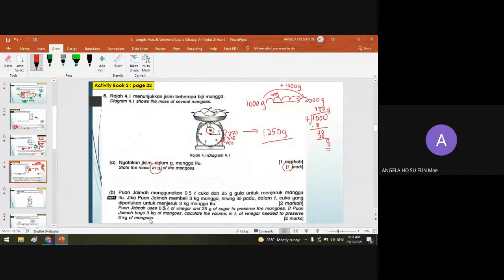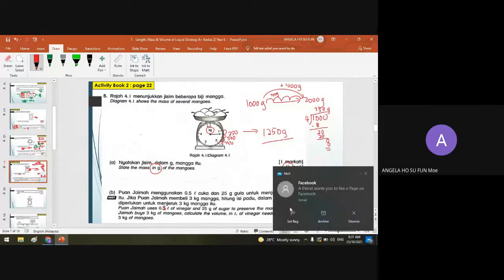Once again, we are using the proportion method to solve this, that is kadaran. Let's say I put 0.5 liter of vinegar, I can preserve 1,250 gram of mangoes. Here is vinegar, here is mango.